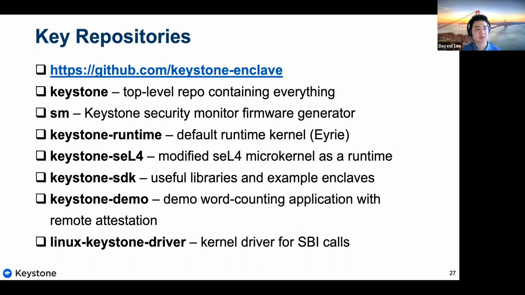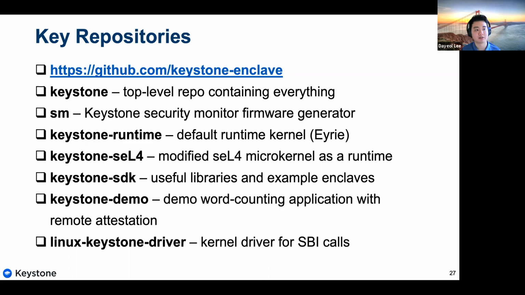There's a Keystone runtime, which contains a default runtime kernel. This is a very small kernel, which proxies most of the system calls and implements the memory-related system calls natively. There's a Keystone seL4, which is a modified version of the seL4 microkernel as a runtime.